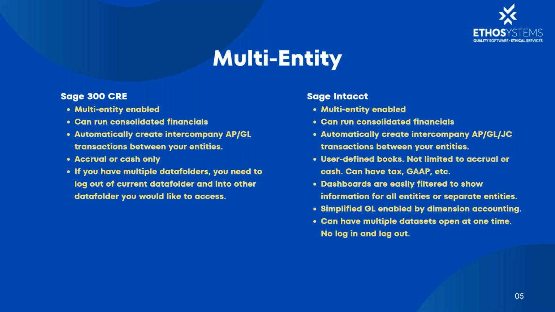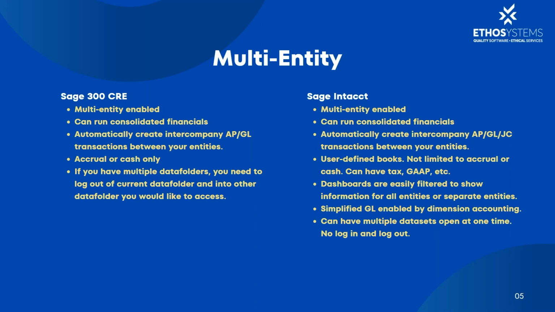Then Sage Intacct is also multi-entity. You can do consolidated financials. You can automatically create intercompany AP, GL, and job cost transactions between your entities. There are also user-defined books, and it's not limited to accrual or cash. You can have tax, GAAP, etc. Dashboards are easily filtered to show information for all of your entities or your separate entities.